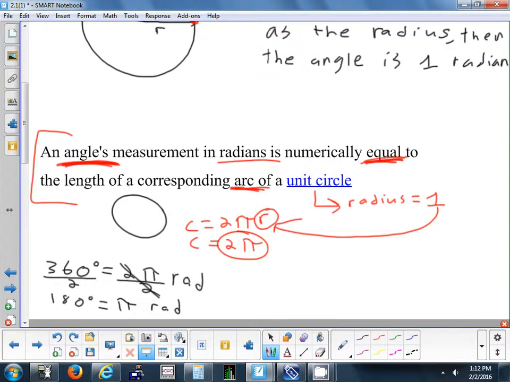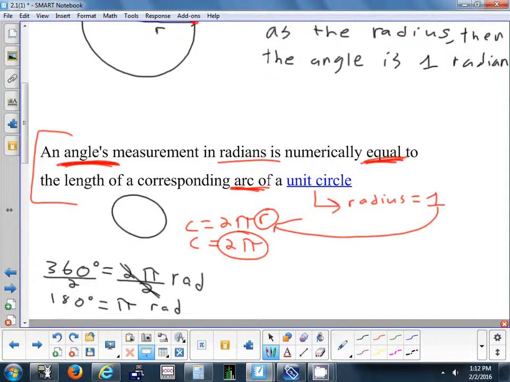In 1 foot, there's 12 inches. In 1 day, 24 hours. 1 minute, 60 seconds. 1 year, 365 days. Not this year, but most years. What number is in all those conversions? 1.